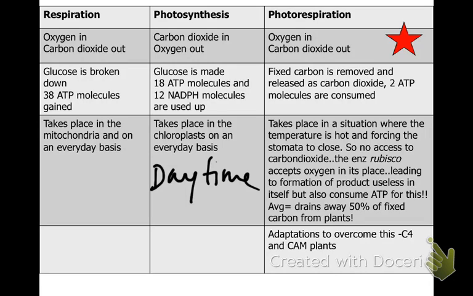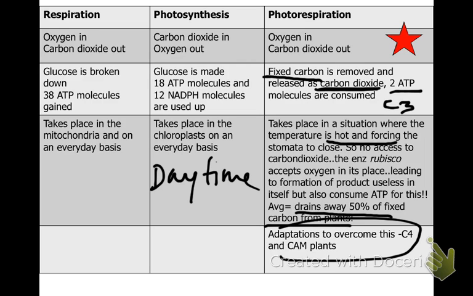Okay, photorespiration on the other hand, you have oxygen in and carbon dioxide out by using a fixed carbon and ATP and releasing it out as carbon dioxide. This takes place only in hot dry days in C3 plants, and it drains away literally 50% of the fixed carbon from plants. There are adaptations to overcome this, and the best examples that we have come across are C4 and CAM plants.